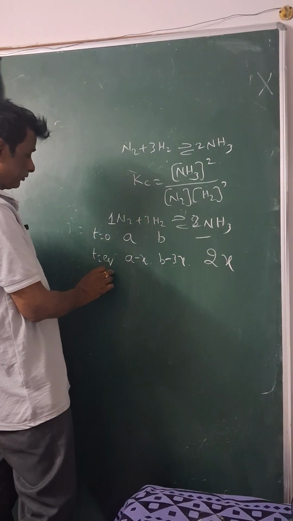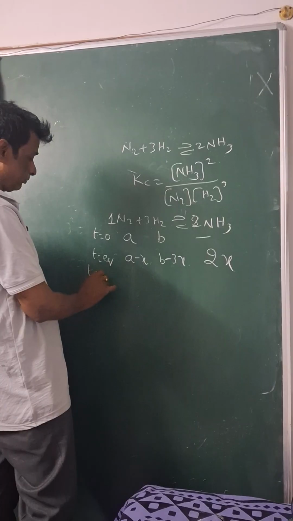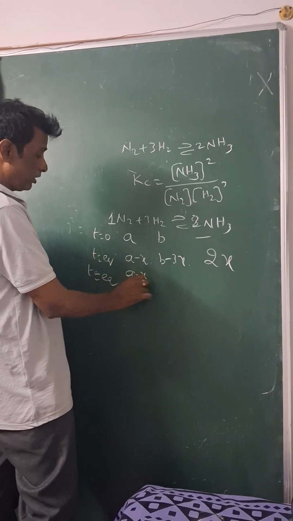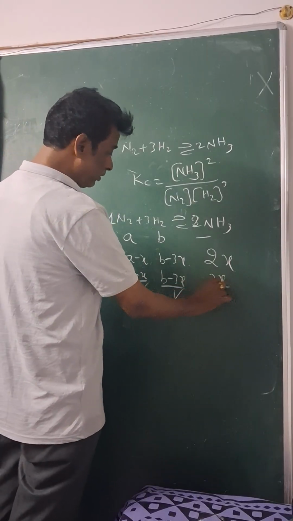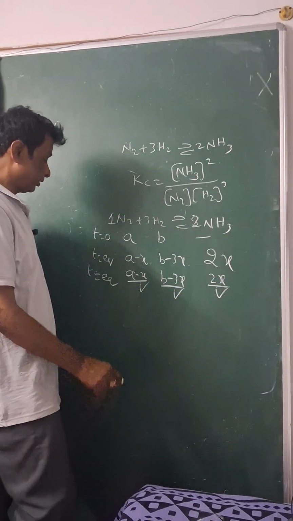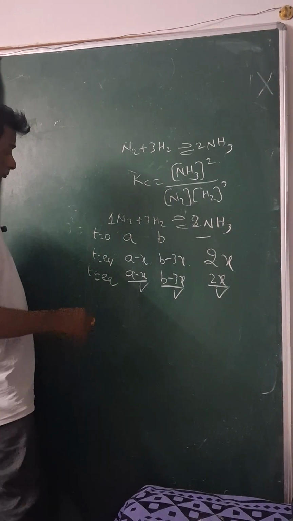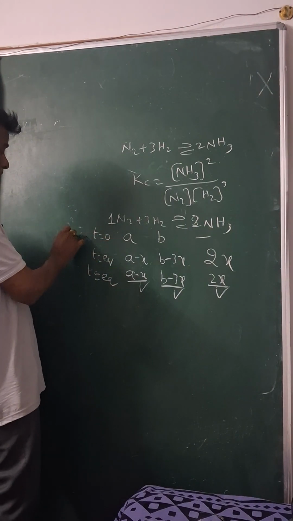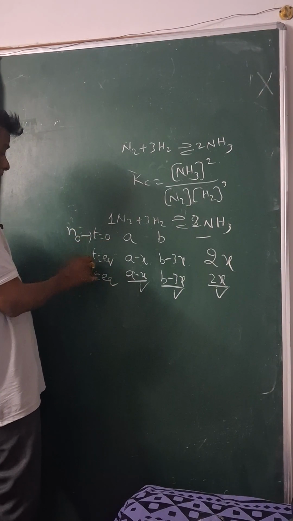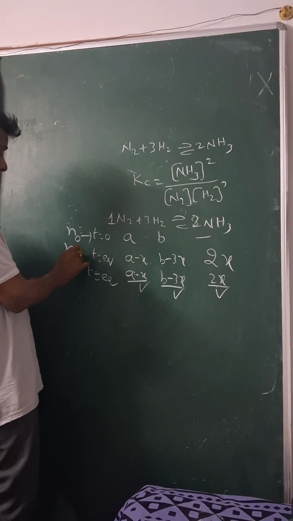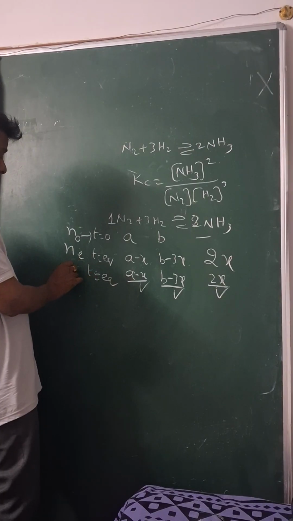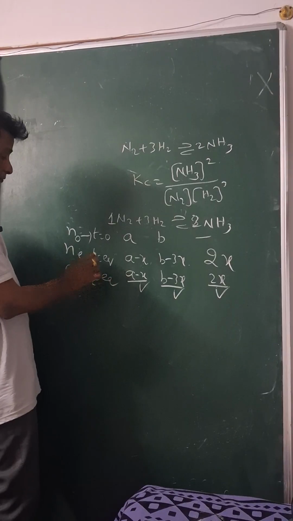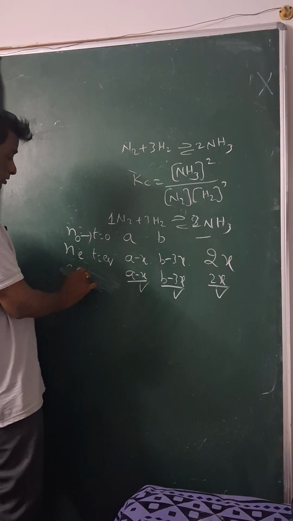Equilibrium moles, equilibrium concentrations. A minus X by V liters, B minus 3X by V liters, 2X by V liters. Moles by volume. T is equal to 0 moles. N0. Here N equilibrium. Here concentrations. Equilibrium concentrations.